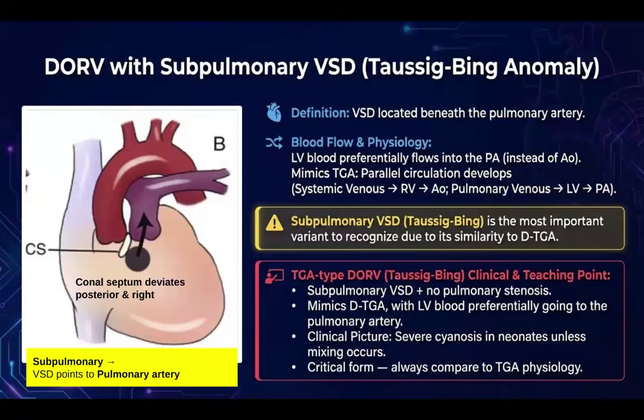This one's different from the first one we discussed because in this case, the VSD is pointing towards the pulmonary artery, which we can see here. That VSD is located beneath the pulmonary artery, and it's allowing flow into the PA instead of the aorta. In this case, it will mimic TGA. It almost looks like a parallel circulation, but instead, they are both coming from the right side.